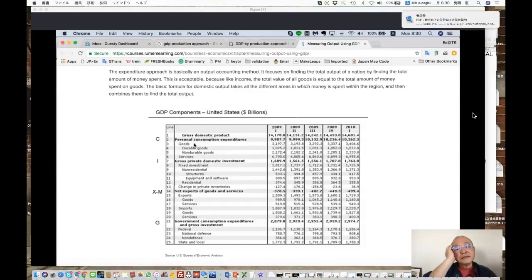Right. So basically, we don't look at wages here, but of course wages are included here, because if we don't get wages, we cannot consume anything. So instead of looking at the wages, we look at the result of the wages and the dividends and everything else, and we look at the consumption. So what do you buy? What do I buy?